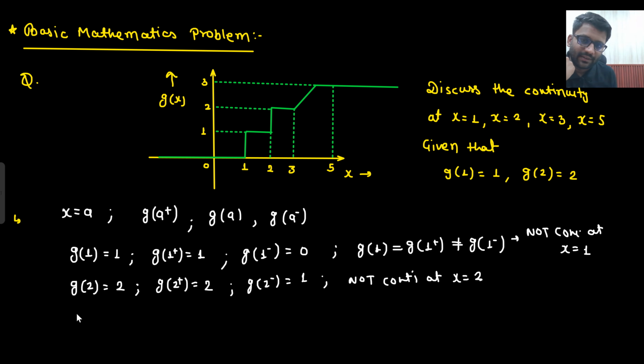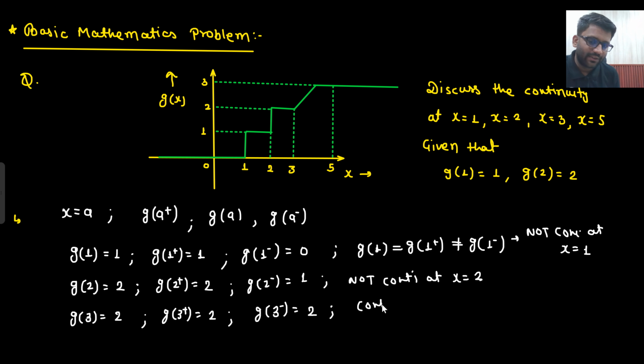Let's check at 3. What is the value at 3? There is no sudden jump, so the value is simply 2. G3 is simply 2. What is G3 plus? Just ahead of 3, that is also 2. And what is G3 minus? Just below 3, that is also 2.